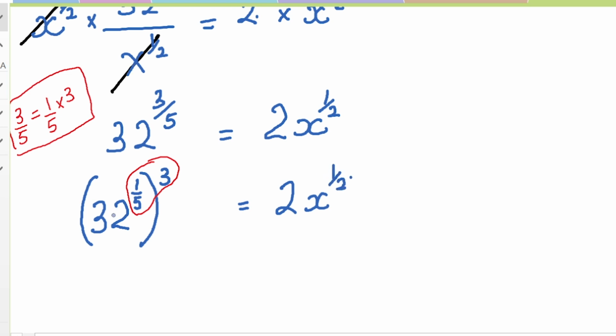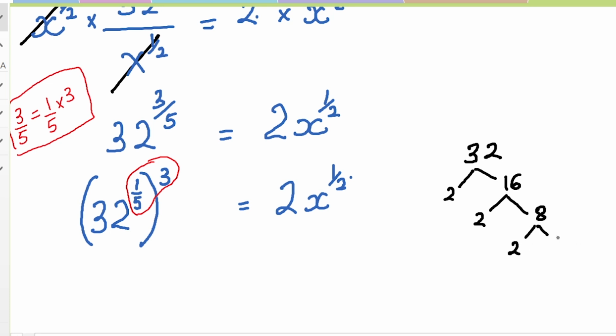So now, 32 to the power a fifth means I'm going to find the fifth root of 32. To find the fifth root of 32, let me do some side work here. 32, if I divide that by 2, I'm going to end up with 16. By 2, I'll end up with 8.